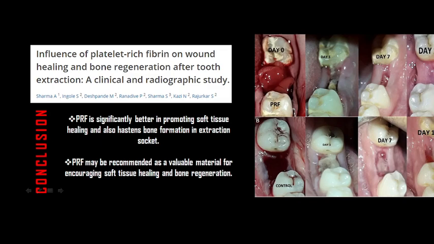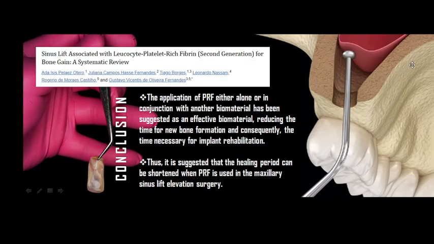We can see the difference in bone and tissue healing in the extraction site between diagram A and diagram B. PRF is significantly better in promoting soft tissue healing and also hastens bone formation in the extraction socket. PRF may also be recommended as a valuable material for encouraging soft tissue healing and bone regeneration.